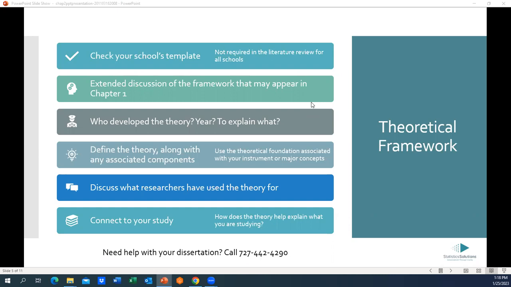So it should follow as closely to what we're doing as possible. Transformational leadership, emotional intelligence, those are the constructs, those are the variables you're measuring. So your theoretical framework is going to involve theories of transformational leadership and emotional intelligence. It's kind of that simple, that part of it. Obviously, writing it up is a little different.